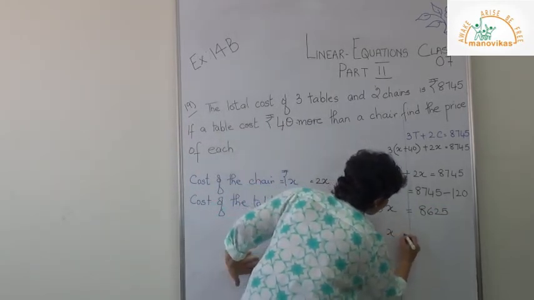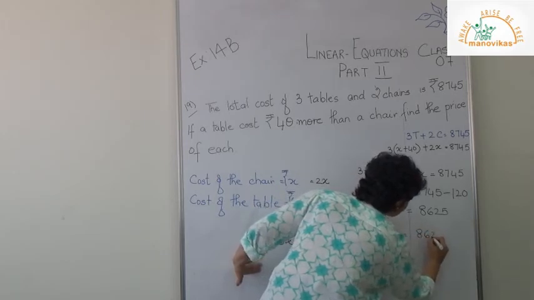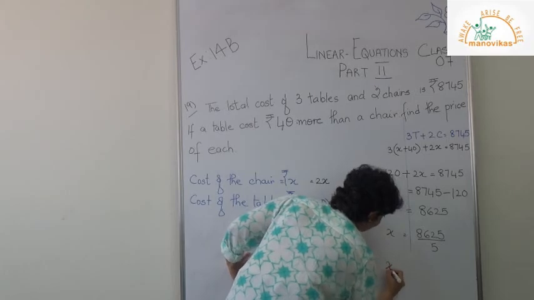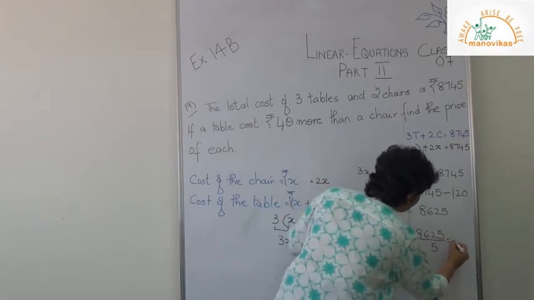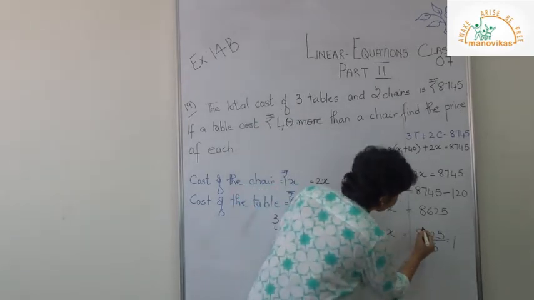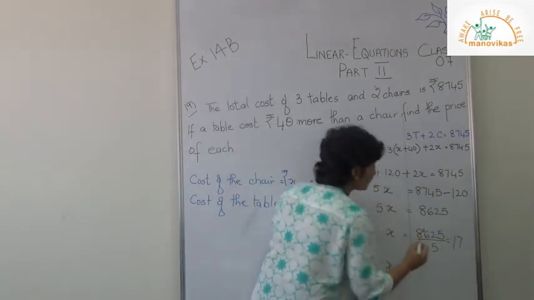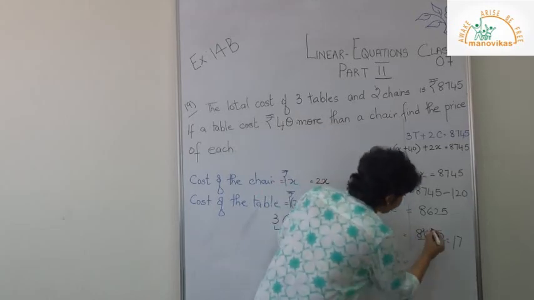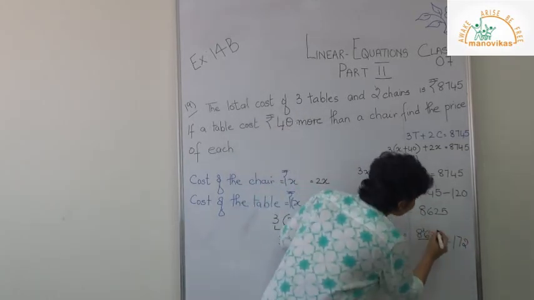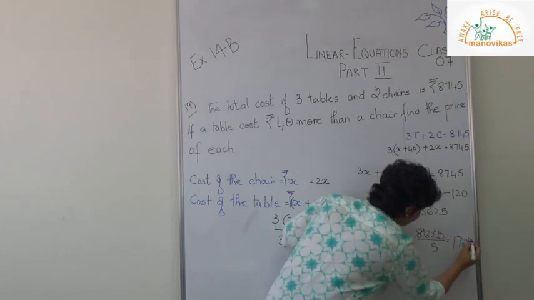X is equal to 8625 upon 5. So when I reduce, I get 5 1s are 5, 6, 7, 8, 3. So 5 7s are 35, 36, 1 remainder. 5 2s are 10, 11, 12, 2. 5 5s are 25.